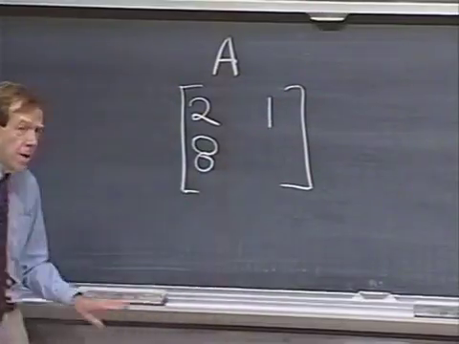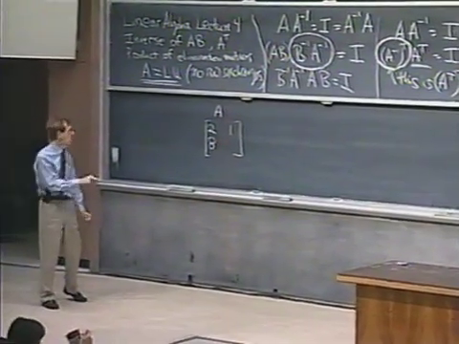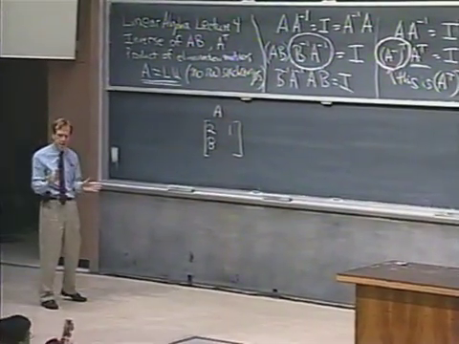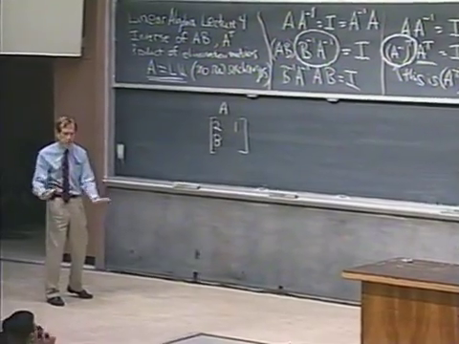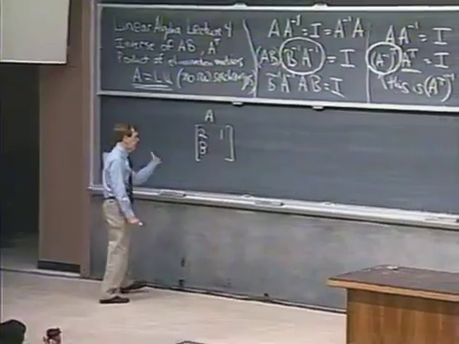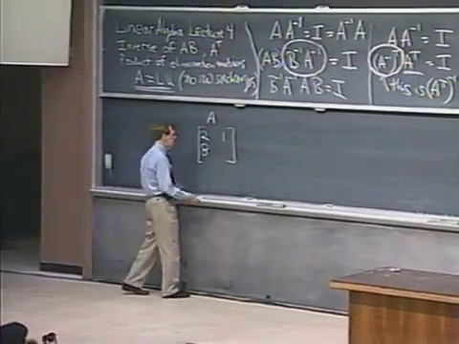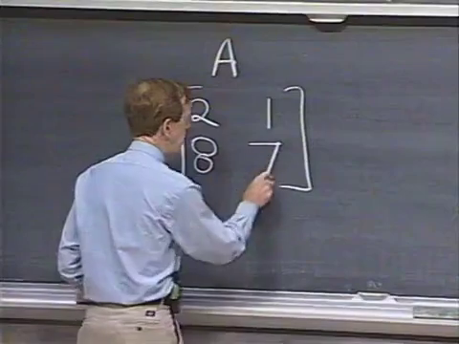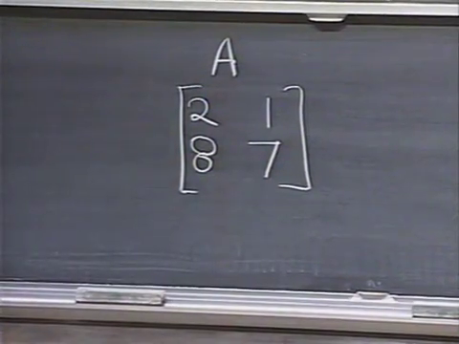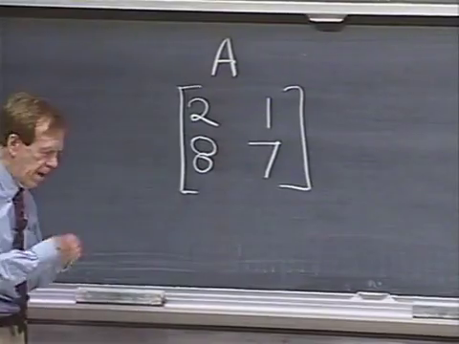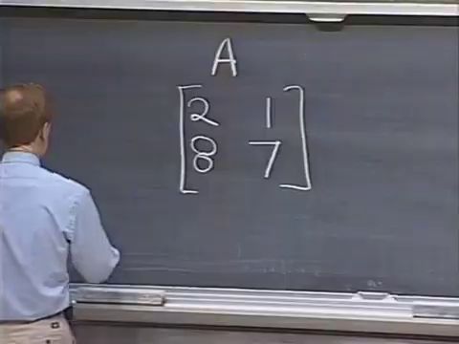And what number do I not want to put there? 4. I don't want a 4 there because in that case we wouldn't have a second pivot. The matrix would be singular. Okay, so let me put some other number here like 7.